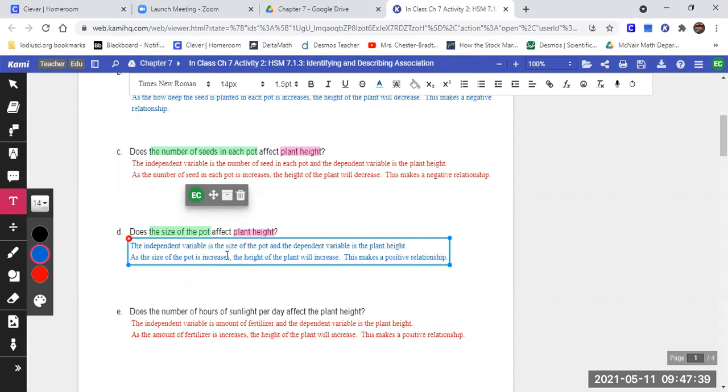Or do we think it'll stay small? Think about it. Small little space as opposed to bigger space. Is that going to make our plant bigger if it gets more space, or stay the same?